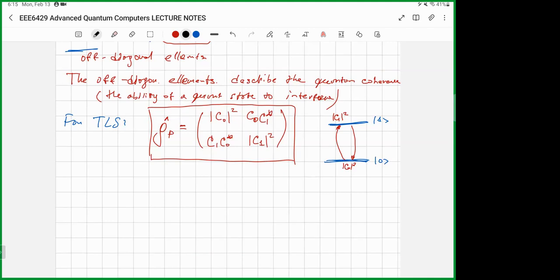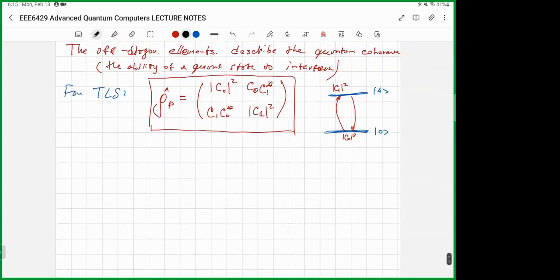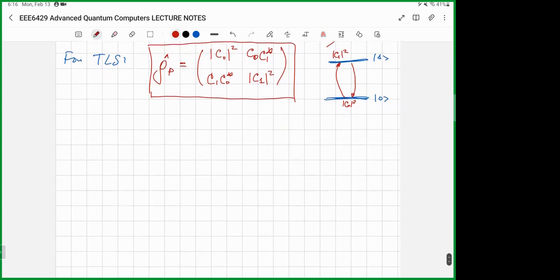But due to the interaction with the external environment, we can get a completely mixed state.